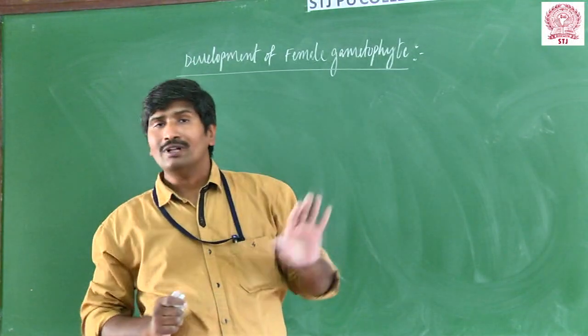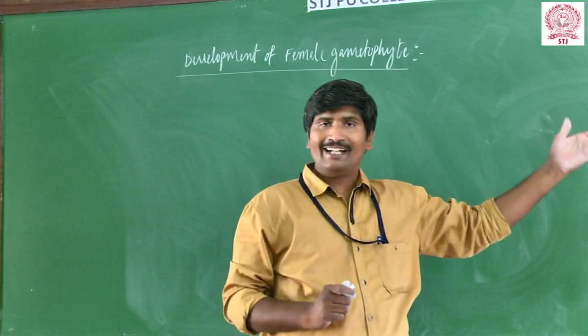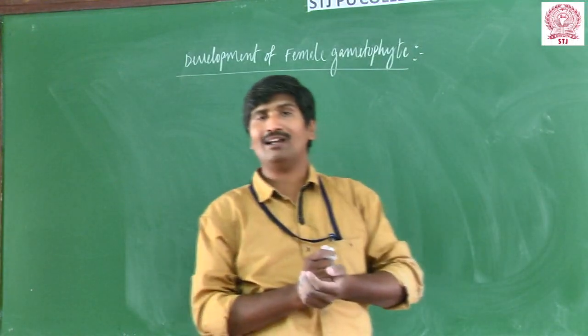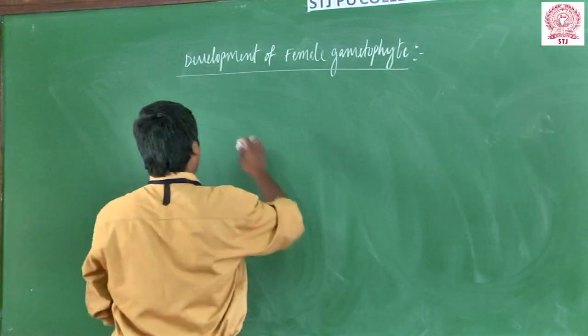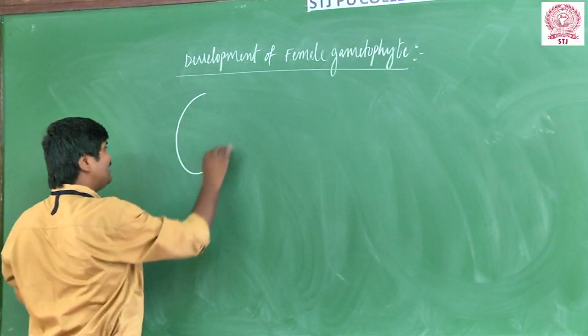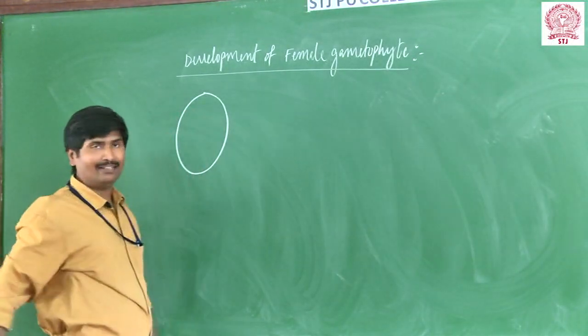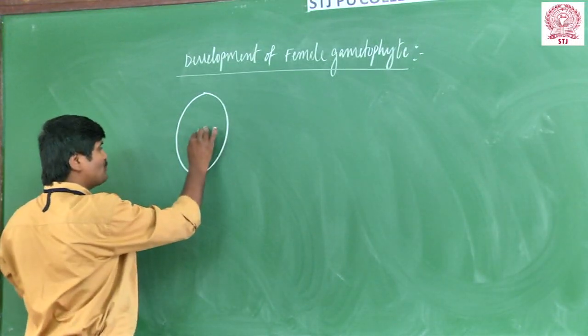Out of 4, the 3 are degenerated towards the micropylar region, and 1 functional megaspore is towards the chalazal end. It is the functional megaspore.